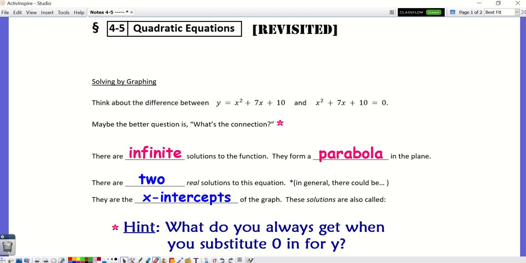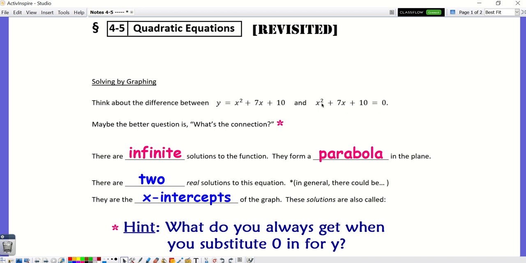So the bottom line here, gang, try to get this downloaded into your brain: the x-intercepts of this graph will be the solutions to this equation. So that's how we can solve this equation by graphing.